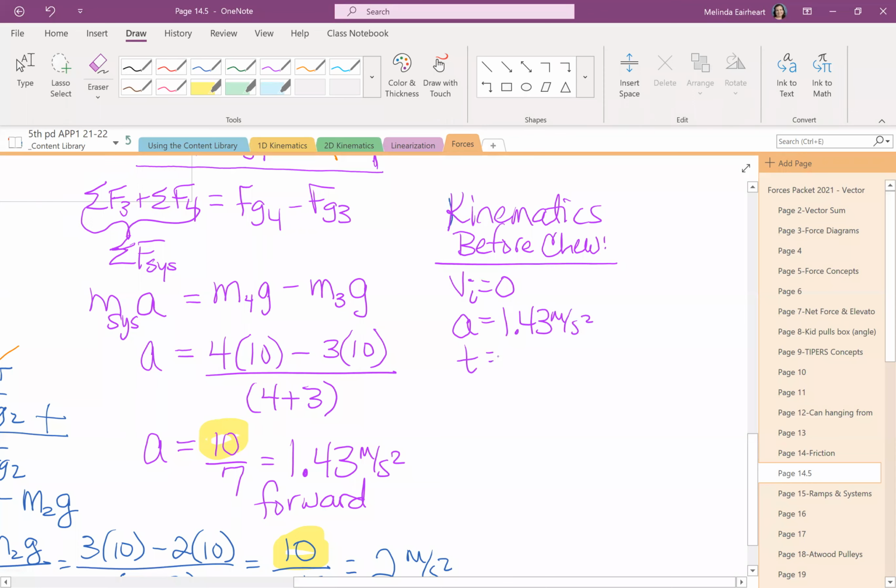And they said that 0 to 3 seconds was before the chew. So can we find the final velocity, which later will become the initial velocity after the chew? So that's why we're doing the initial part first. What equation are we going to use?